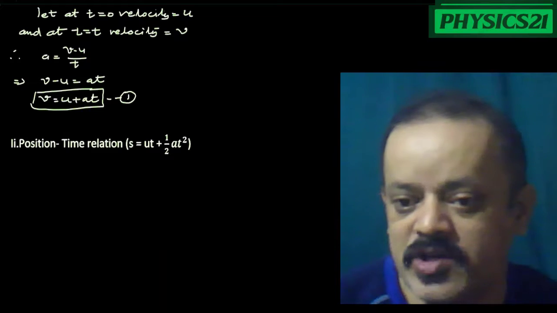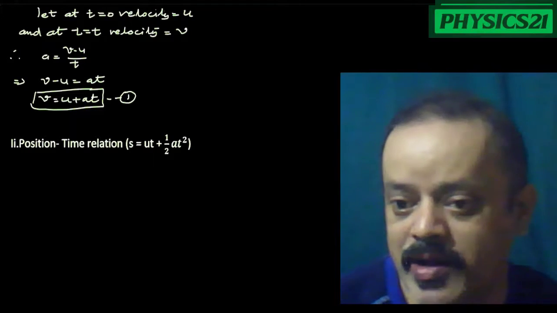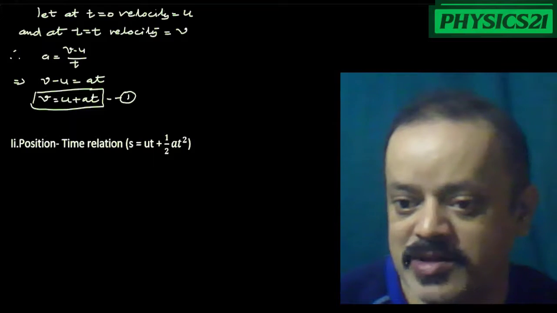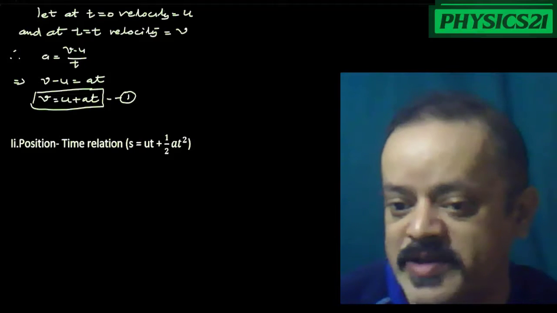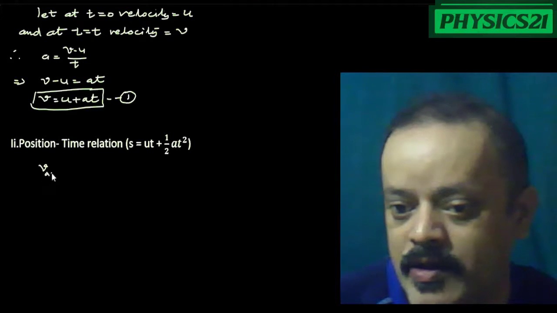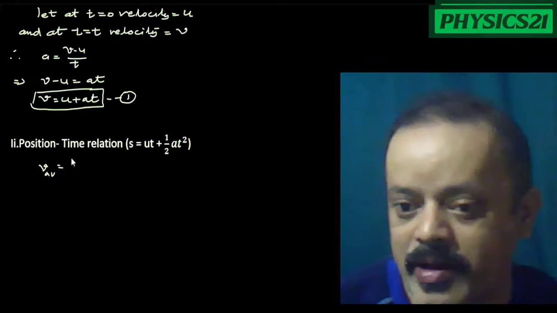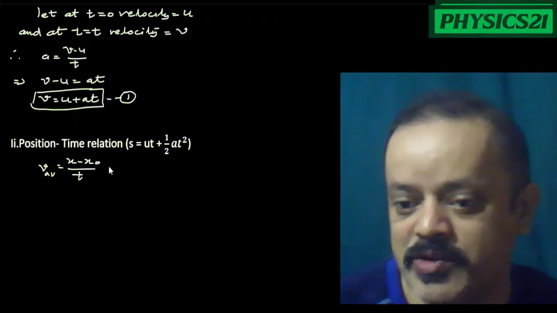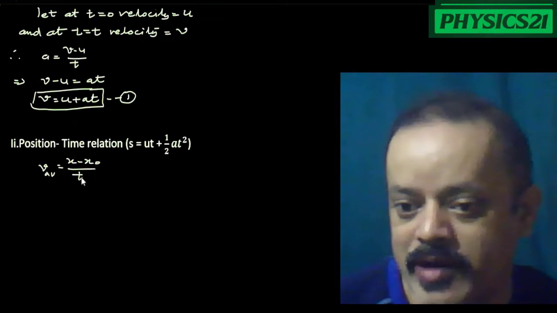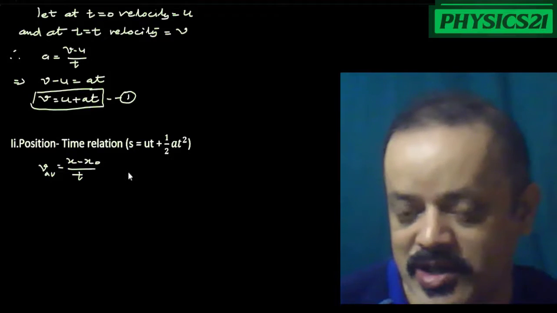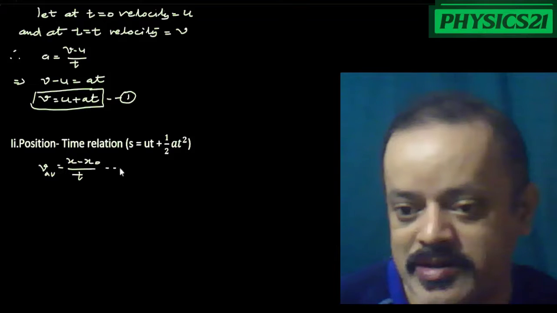Now the second equation of kinematics, which is known as position time relation and given by s equals ut plus half at square. To derive this relation, average velocity v_av is given by x minus x naught divided by t, where x is the position of the object at time t and x naught is the initial position at time t equals 0. Let this be equation 2.